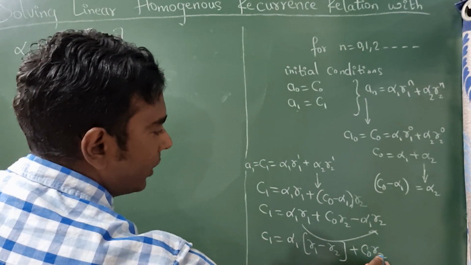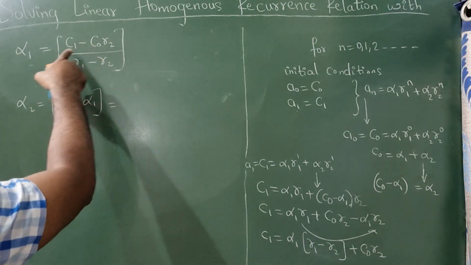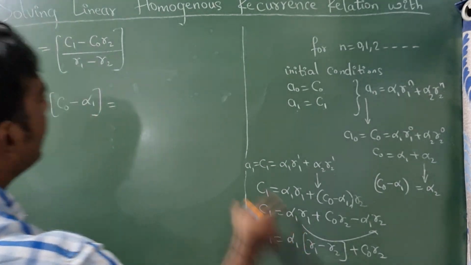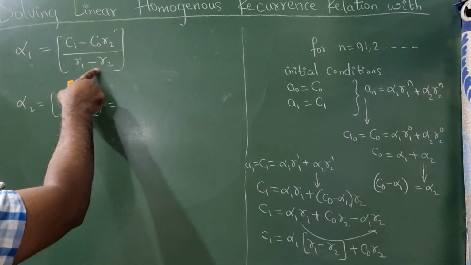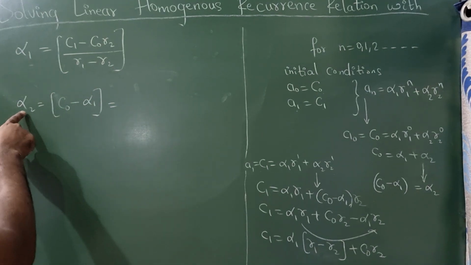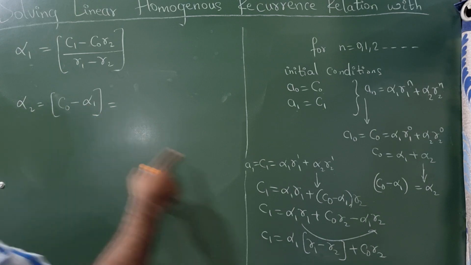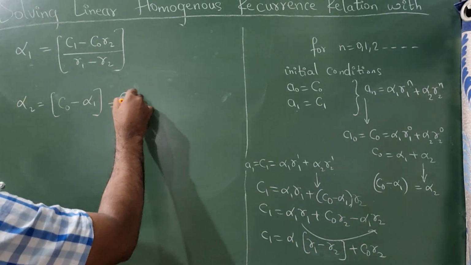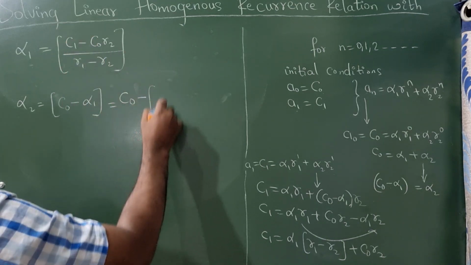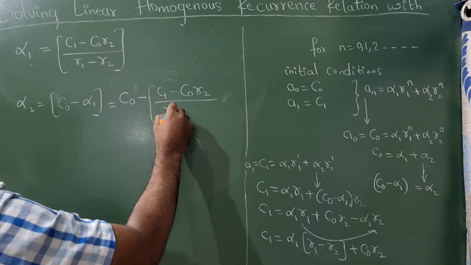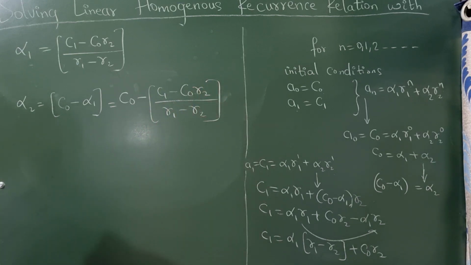Now take C0 r2 on the left hand side. You get C1 minus C0 r2, and r1 minus r2 goes to the denominator. So alpha 1 equals (C1 minus C0 r2) divided by (r1 minus r2).